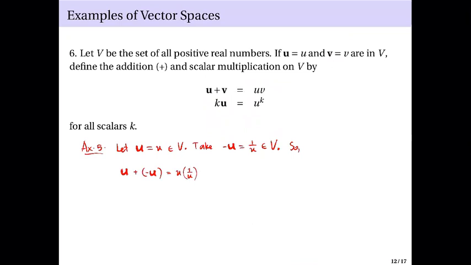But u times its reciprocal is just 1. And we proved in axiom number 4 that this is your 0 vector.